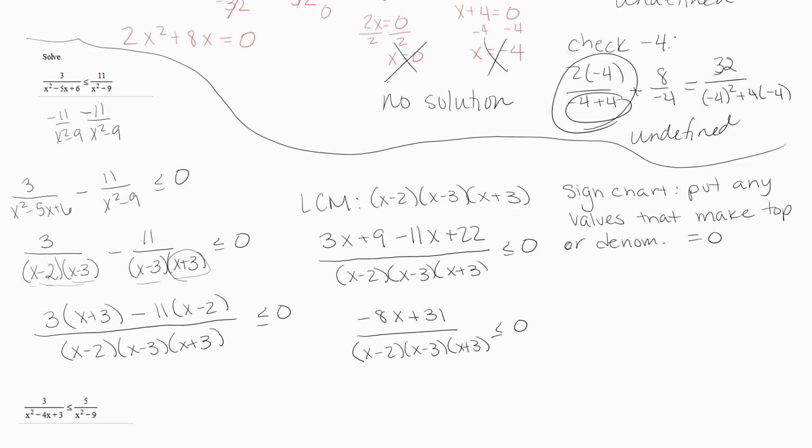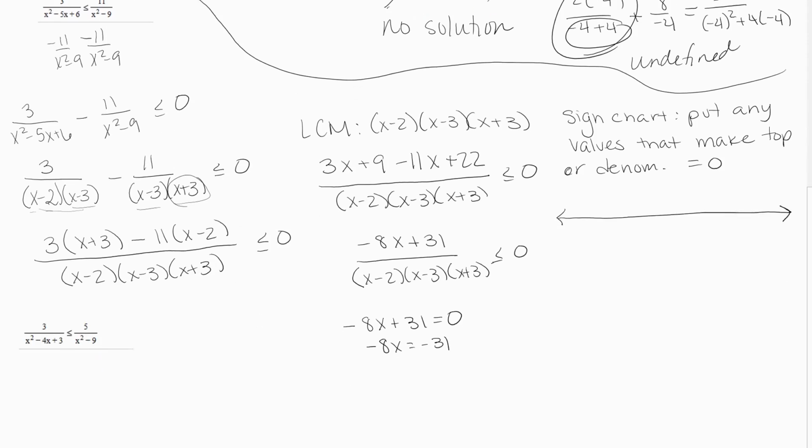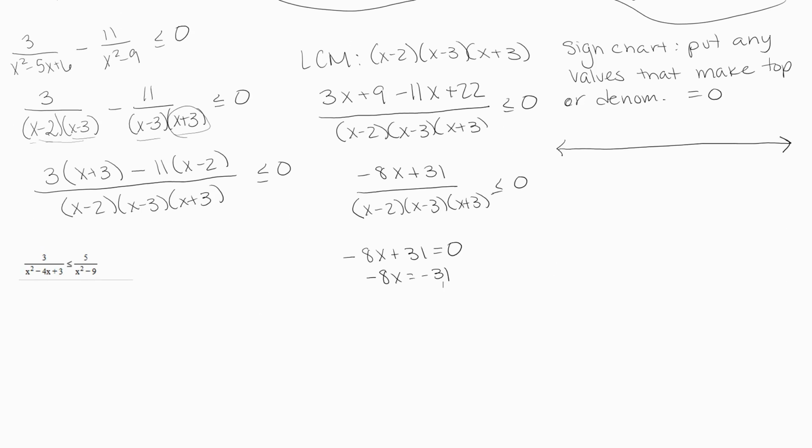It's what helps us decide our answer. So we make a number line. Now, to set the top equal to 0, if we set negative 8x plus 31 equal to 0, we'd subtract 31, so negative 8x equals negative 31. We would divide both sides by negative 8, so x would be 31 over 8. The negatives would cancel out.